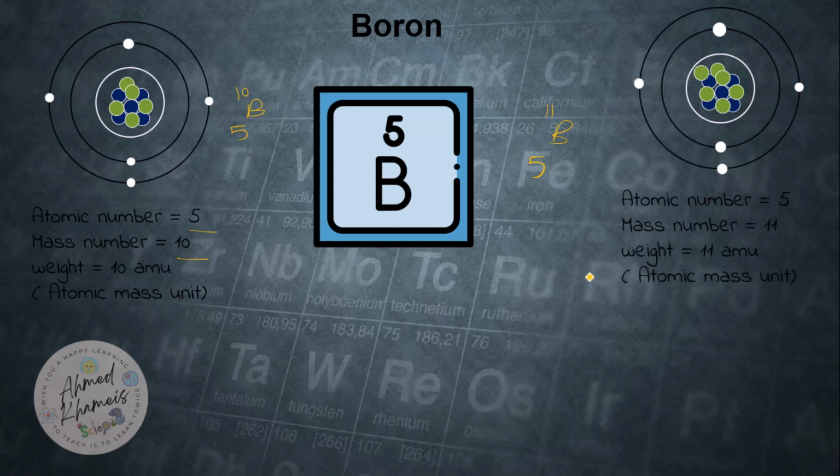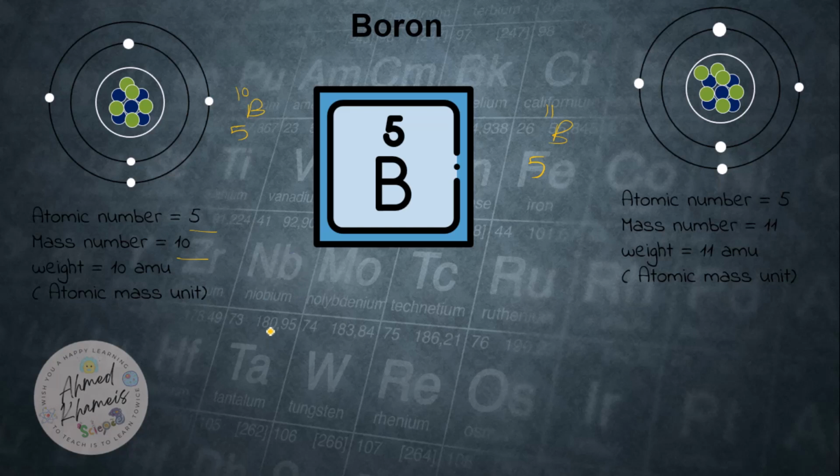Imagine we want to know, if we blindly take a boron atom, what will be the mass of this atom. Simply, you could take the average of both, but this would be wrong, because in doing this we are assuming that both boron 10 and boron 11 have the same abundance on Earth, but this is wrong.